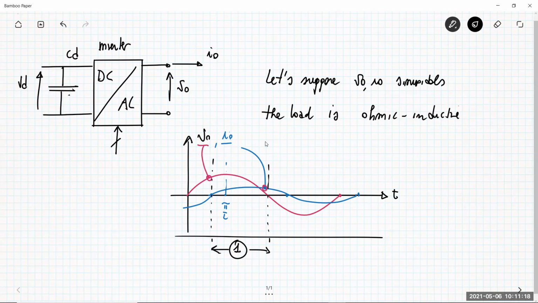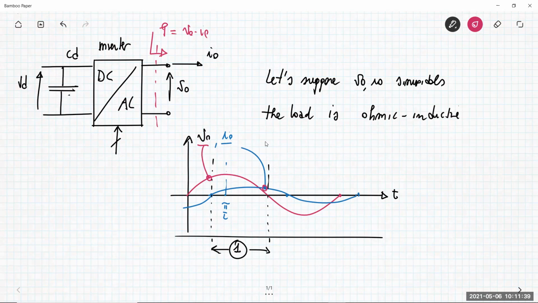If you look at the power at the output of the circuit, the power that transits outside the inverter, this power, which is the product of these two quantities, is a positive power. So in that situation, the inverter provides power to the load, and so we are in what we call the motoring operating mode.